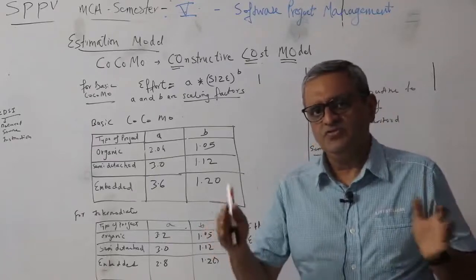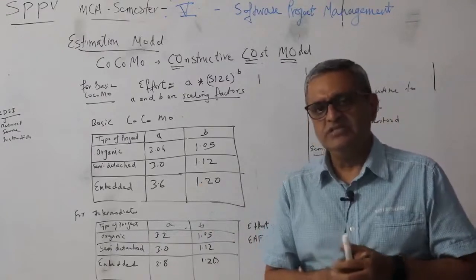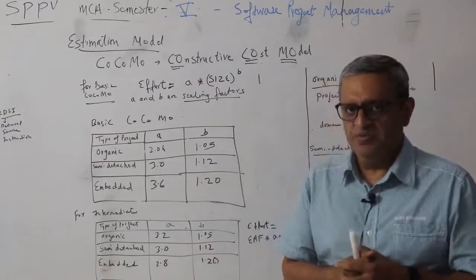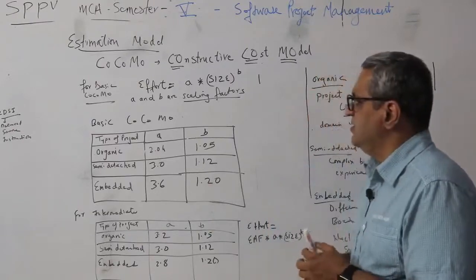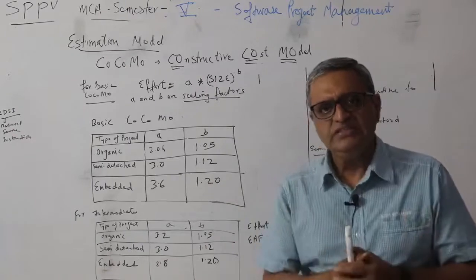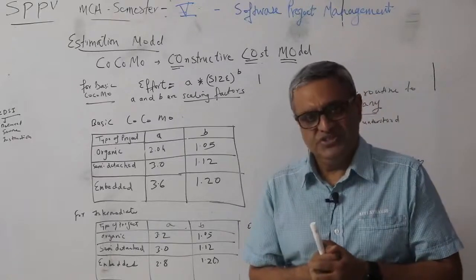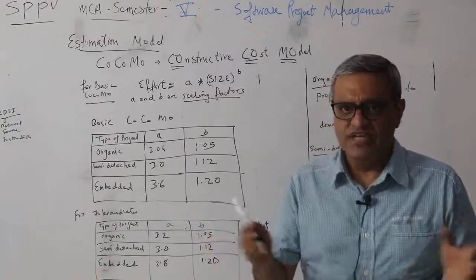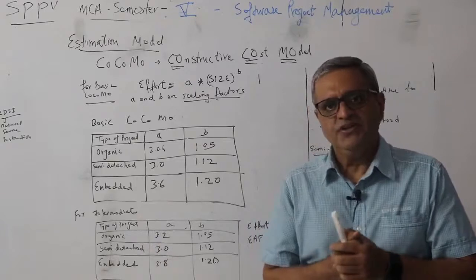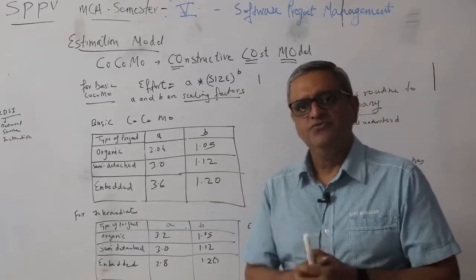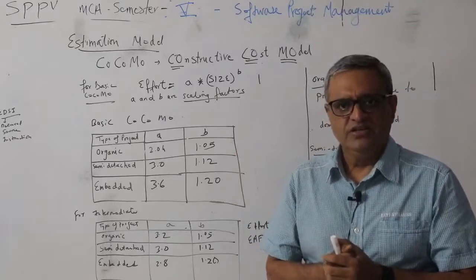We saw the formula for basic COCOMO: effort is equal to A multiplied by size raised to B, where A and B are constants, scaling factors I would say, whereas size is the variable, and size is nothing but kilo delivered source instructions. And when size is 6500 lines of code, we take 6.5, so A multiplied by 6.5 raised to B. This is basic COCOMO.